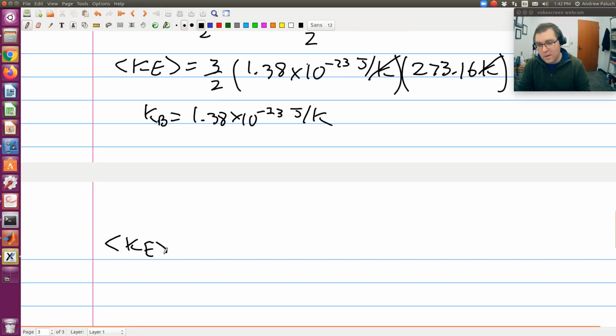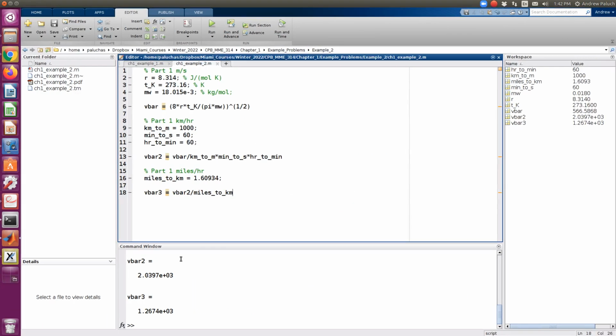So my kinetic energy is going to be equal to, starting with kB, we had 1.38 times 10 to the negative 23, and that's joules per Kelvin.